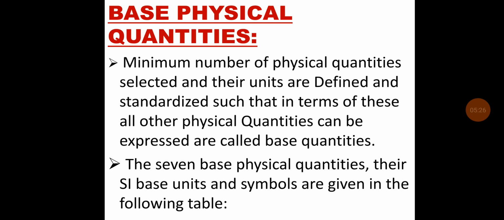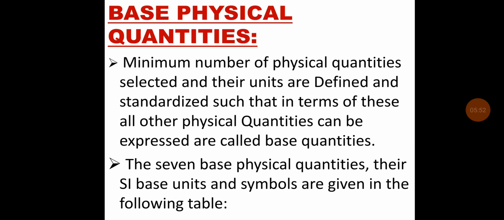Now we discuss one by one the base physical quantities and the derived physical quantities. Before starting this discussion, we define the International System of Units: it is a complete set of units for all the physical quantities. The International System of Units is abbreviated as SI units, and SI is a short form of the French name Système International.